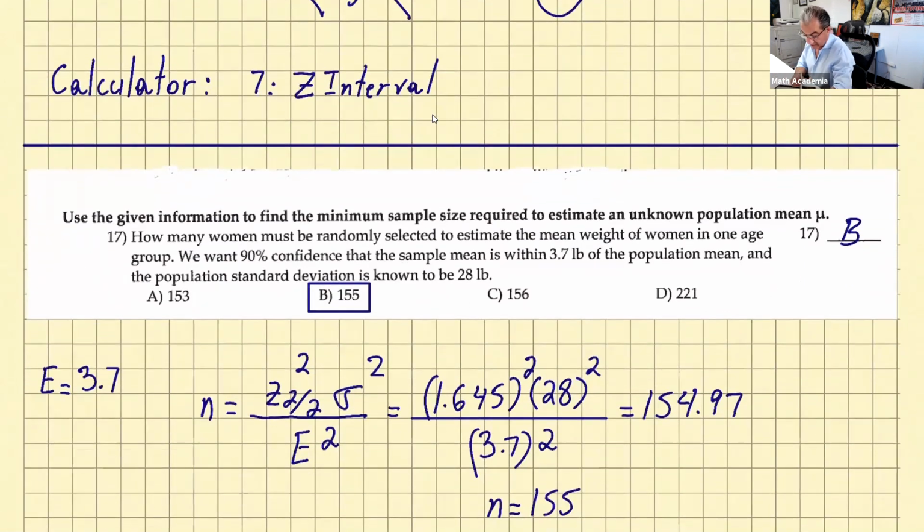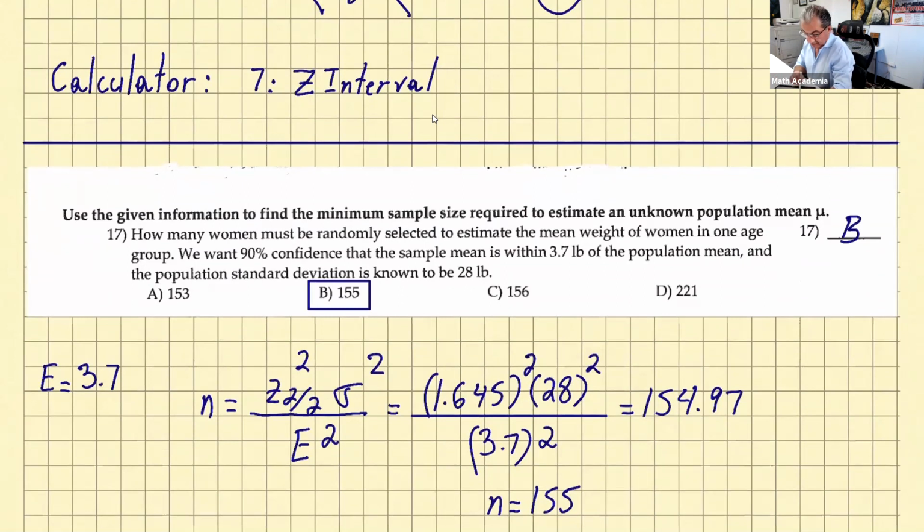Number 17, use the given information to find the minimum sample size. So we're looking for the sample size to estimate an unknown population mean. One more time here, the margin of error will be given about the population mean. How many women must be randomly selected to estimate the mean weight of women in one age group?